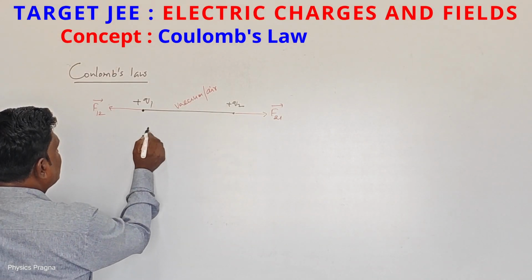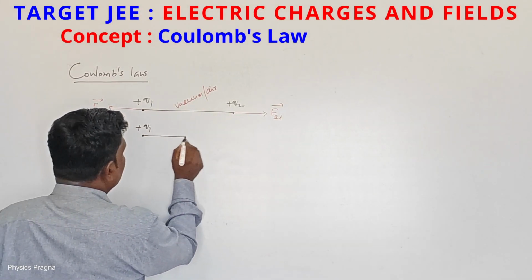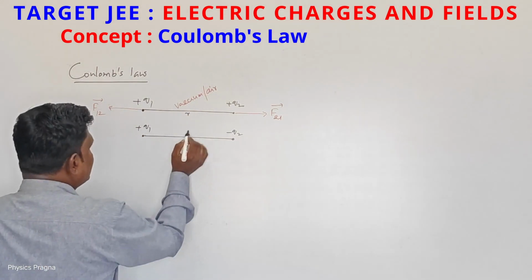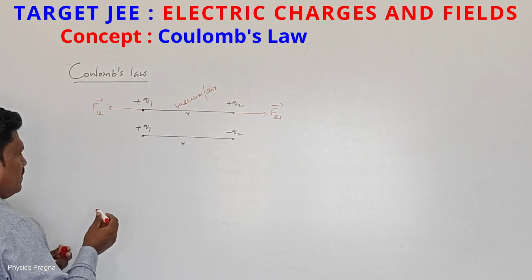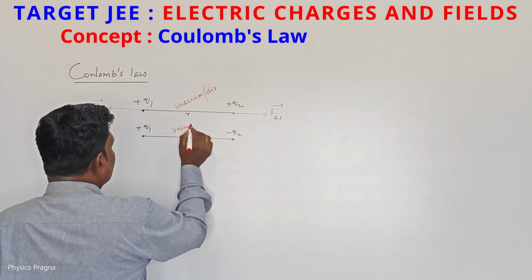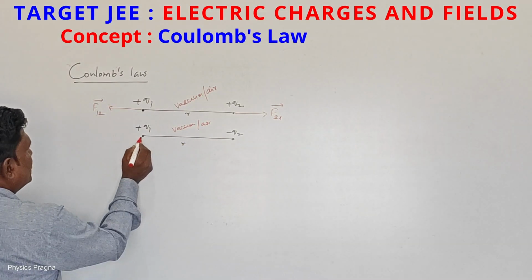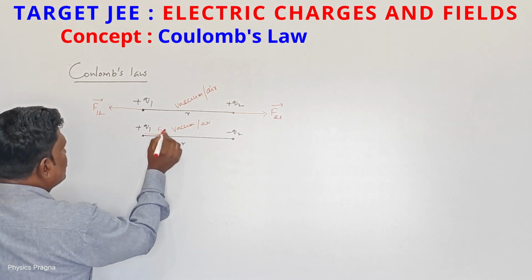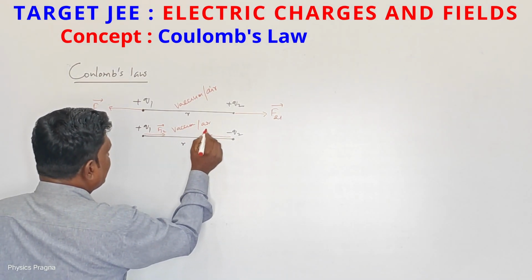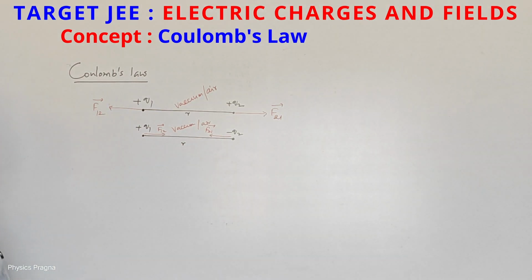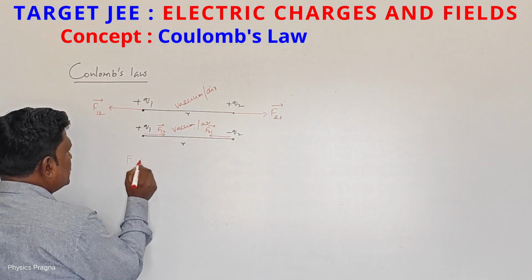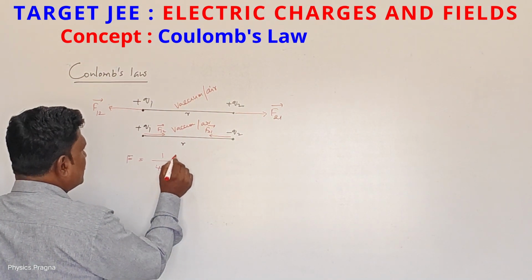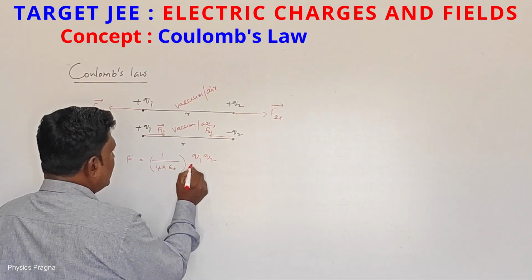If they are unlike charges, plus Q1 and minus Q2, and the distance between them is R, as usual with vacuum or air, this is the direction of force on the first charge because of the second one, and they attract. The force formula is F equals 1 by 4 pi epsilon naught into q1 q2 by r square.